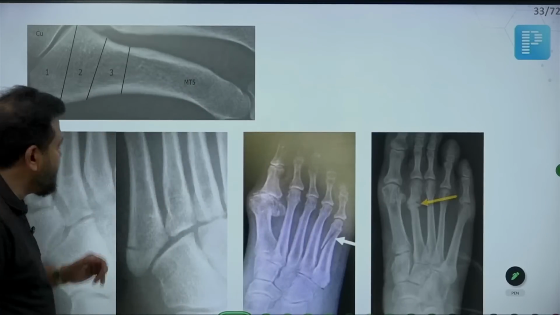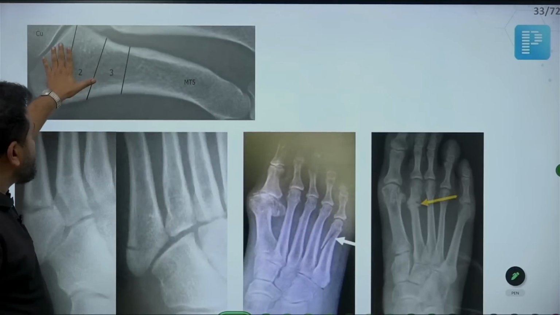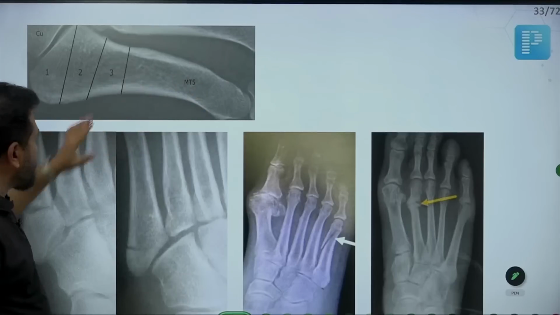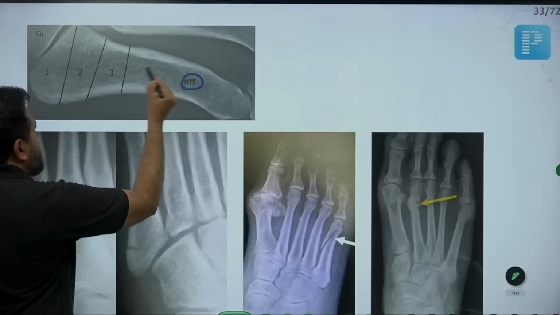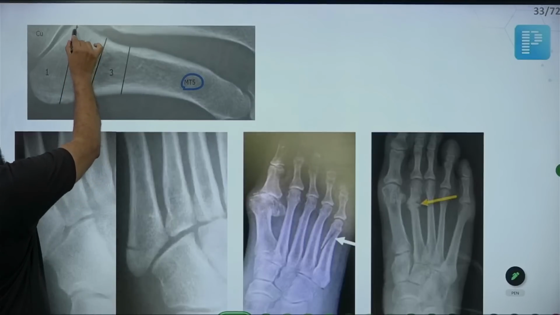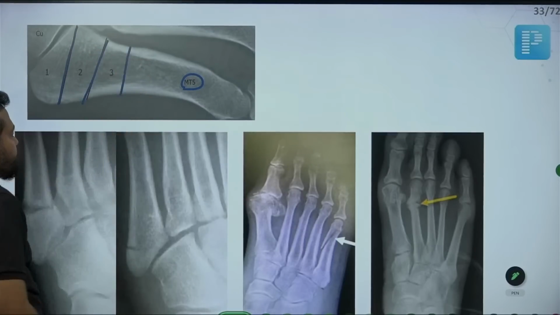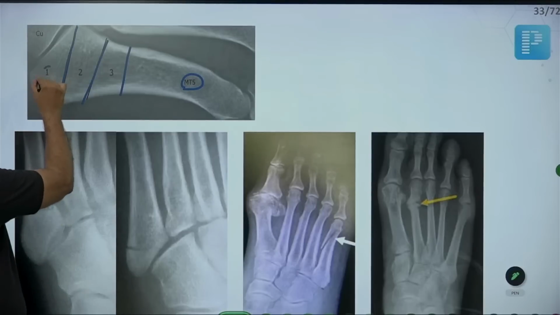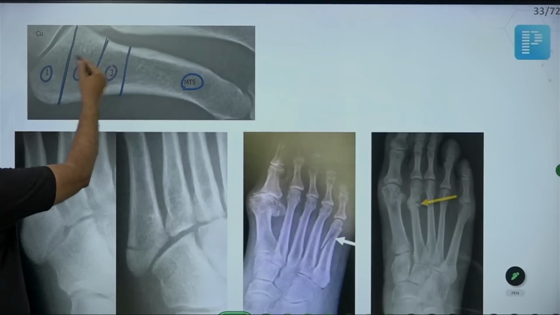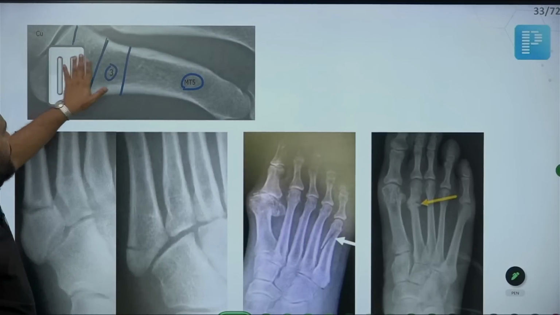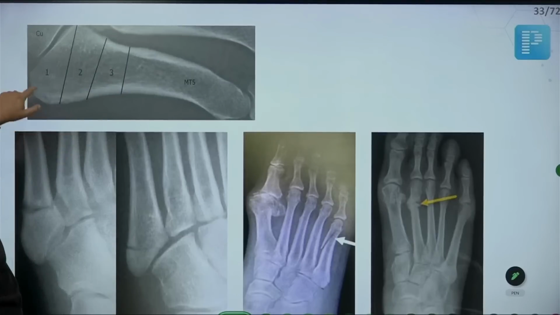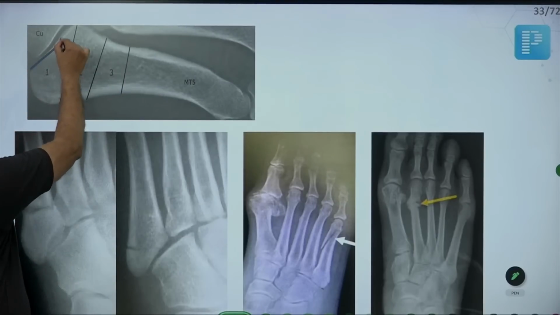Please concentrate. The first thing, this is a picture of the 5th metatarsal. The 5th metatarsal is divided into 3 zones. 1, 2, 3. This is called zone 1, zone 2, zone 3. When you see very carefully, zone 1 is close to the joint.